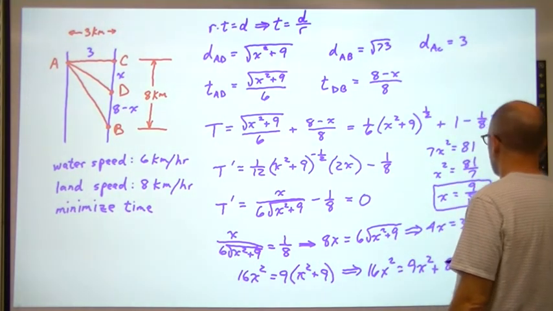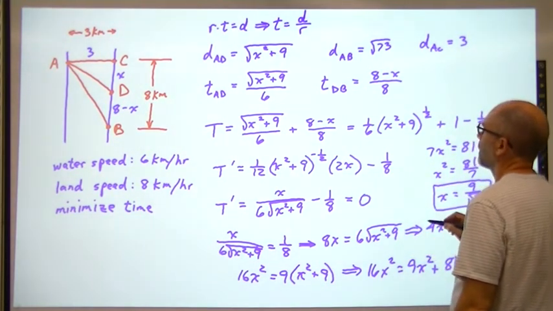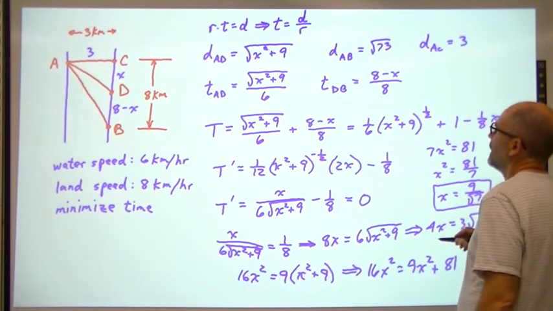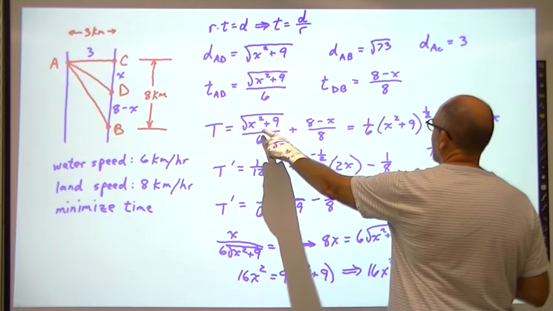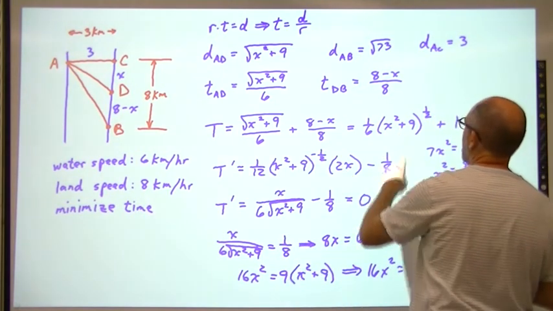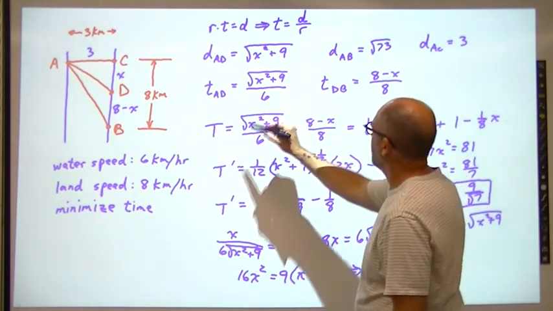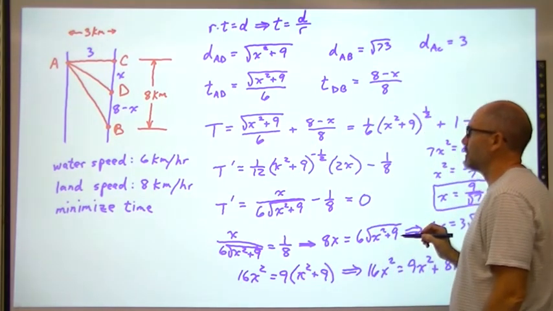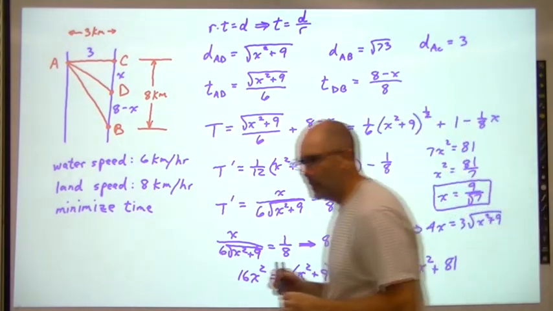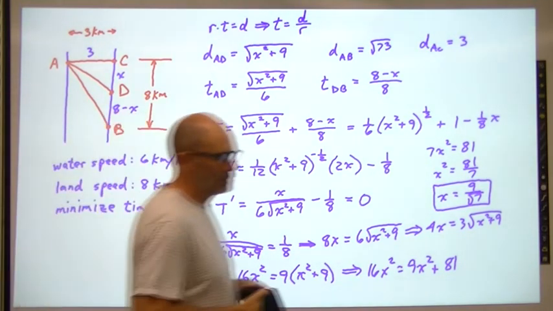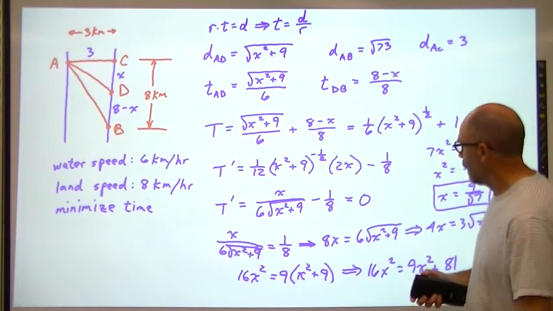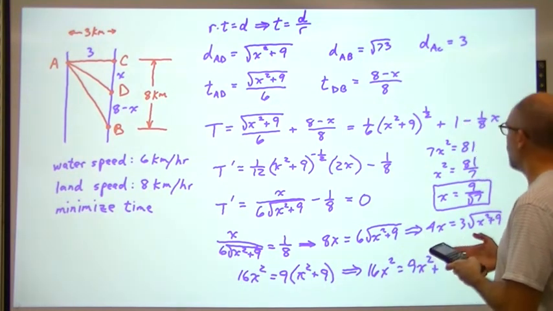So what we're going to do is plug in 9 over the square root of 7 in for the time here, and get a decimal approximation. So I'm going to do that with my calculator.